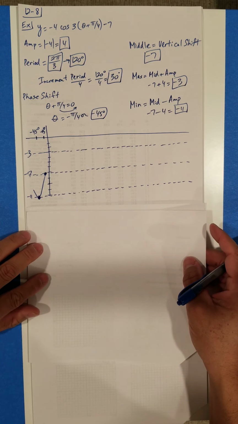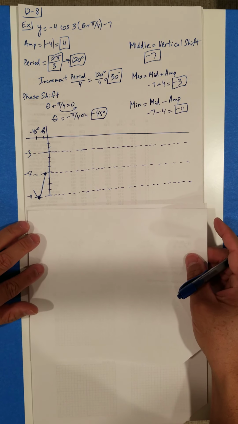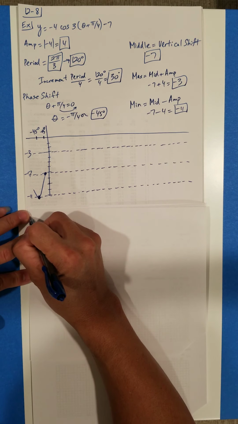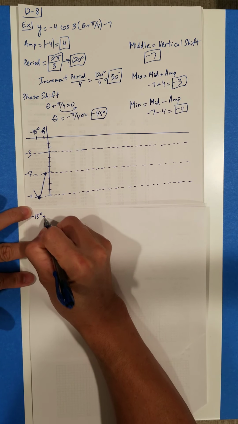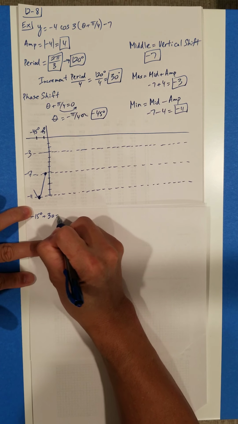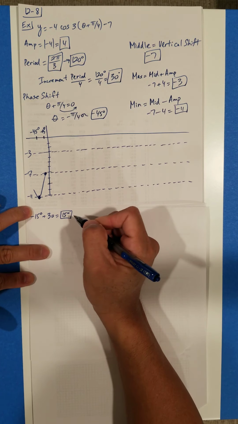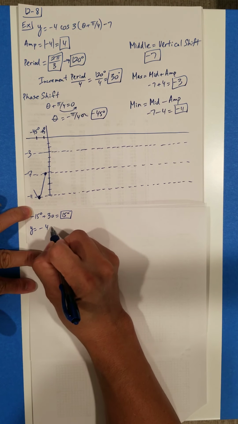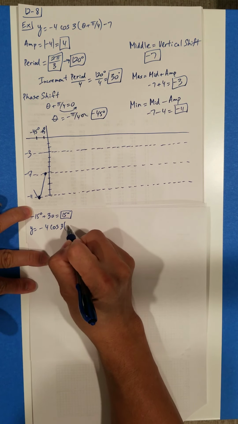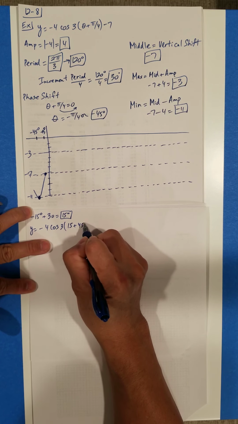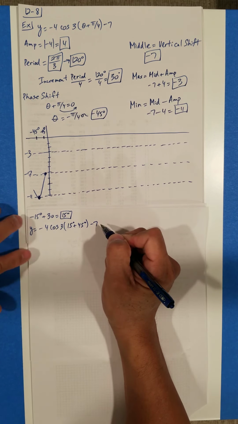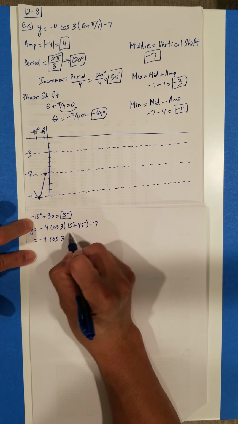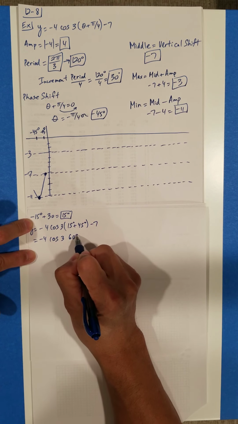Okay. So next, my last point I used was negative 15. I add the increment, which is 30, and I get 15 degrees. Again, this looks like a weird angle, but once we plug it in, things will be okay. Negative 4 cosine 3 times (15 plus 45) degrees minus 7. Now add these, you get 60 degrees.